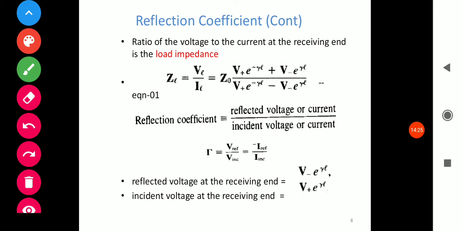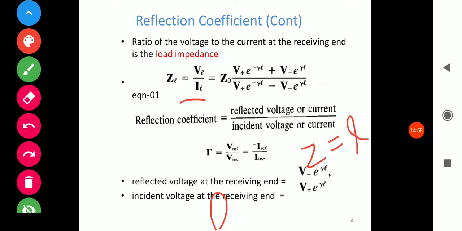If I calculate the load impedance, VL divided by IL, that is ZL. Using the above formulas, it becomes Z0 into V plus e power minus gamma L plus V minus e power gamma L, divided by V plus e power minus gamma L minus V minus e power gamma L. So we can define the impedance at the load, that is ZL.